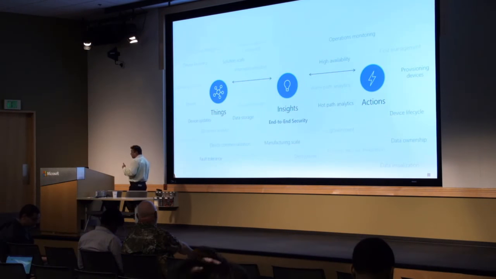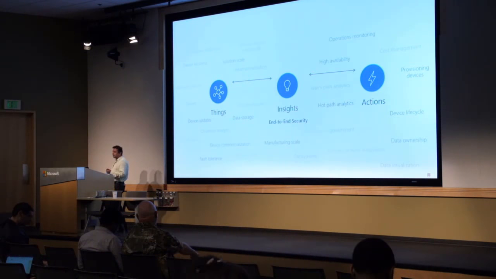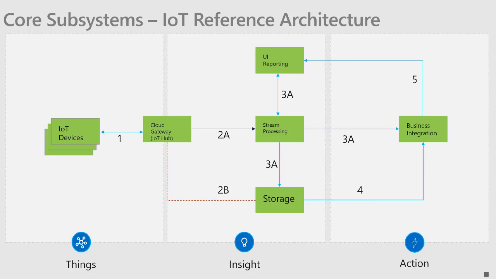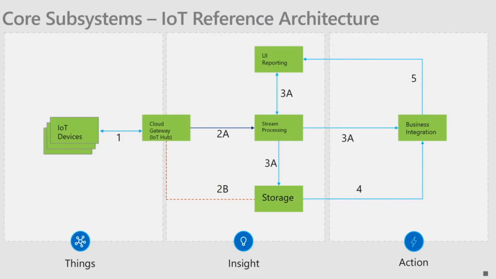Now, quickly, let's look at the reference architecture, which most IoT applications use in a very similar manner, but there are a few changes, and we will discuss them. IoT devices are sending the data to IoT Hub. From the hub, we have a couple of options to take that data.